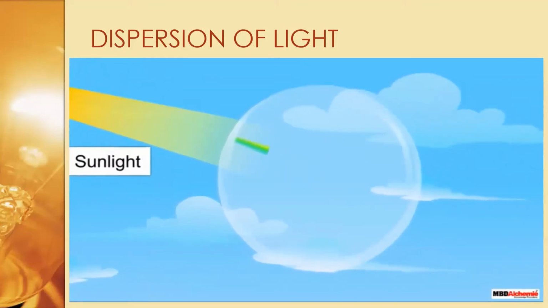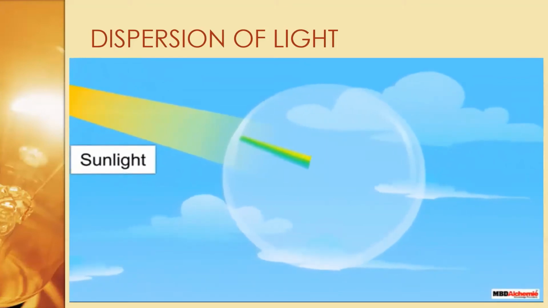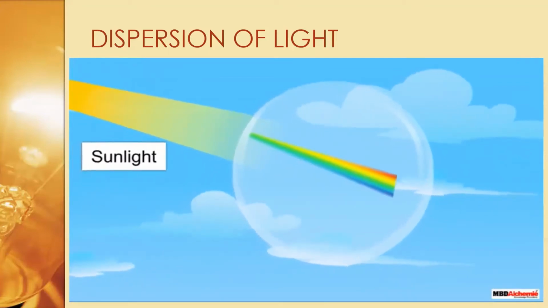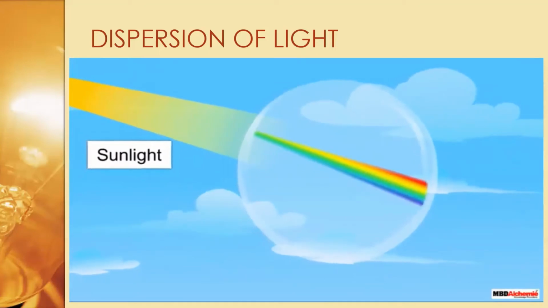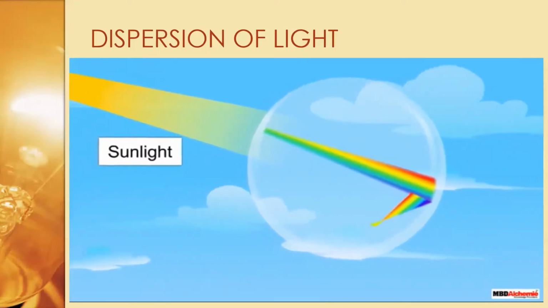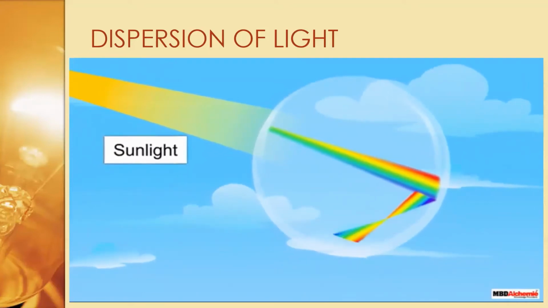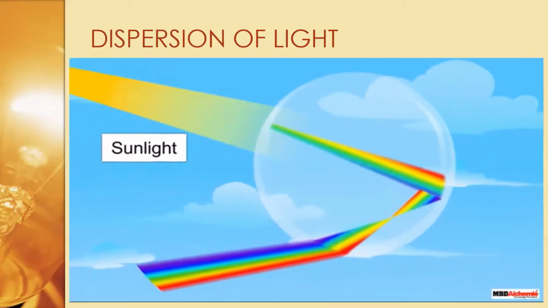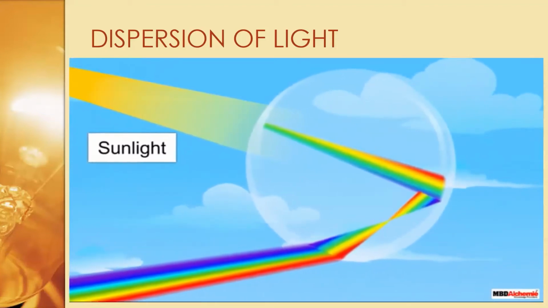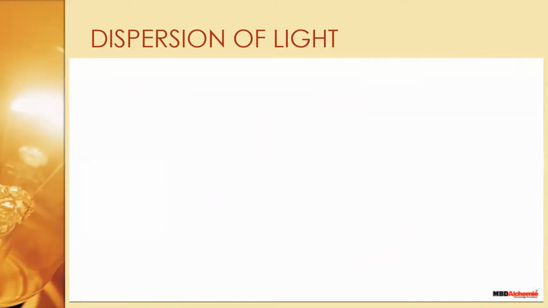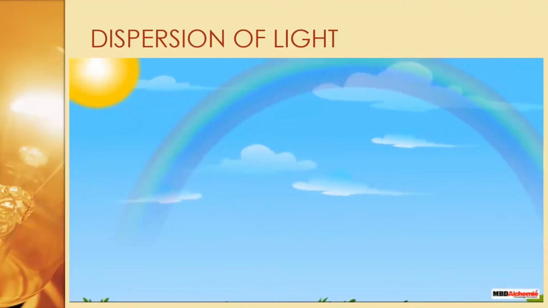As soon as the sunlight enters into the prism, that is, the drop, it splits into its constituent 7 colors, vibgyor, within the drop. When this band strikes the other edge of the drop, it gets reflected internally towards the first edge of the drop. As the band reaches the first edge, it gets refracted again and finally comes out of the raindrop. This band of colors which finally comes out of the raindrop is what we see as rainbow.